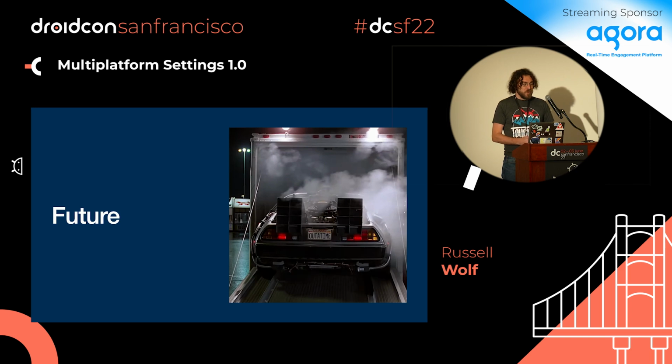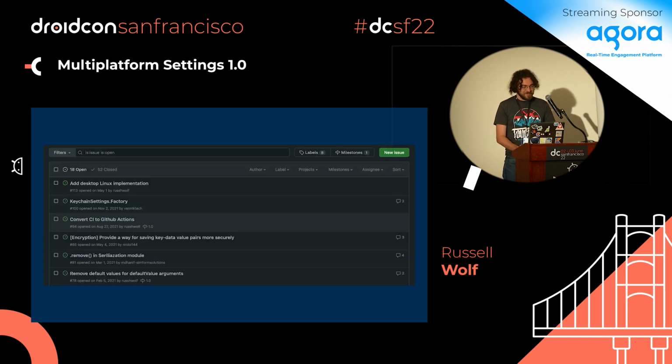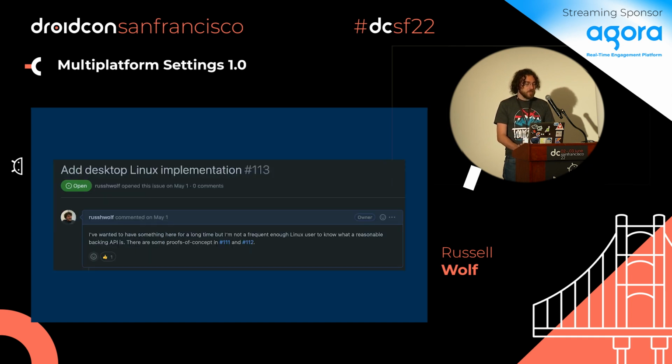So what about the future? What's next? There are still plenty of open issues, things to think about for the future, and I need to do a pass through these to update for the alpha that I just put out. But one of the big things that's been on my to-do list for a couple of years now is to get some sort of desktop Linux implementation.